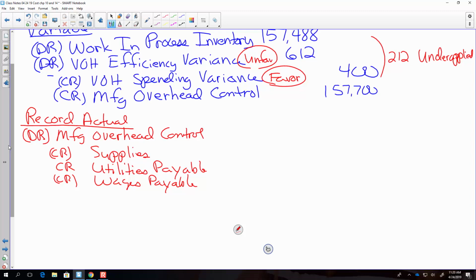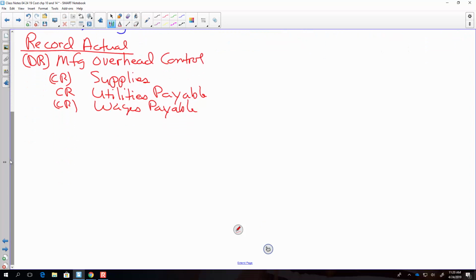Fixed overhead, pretty much the same. You see the word applied on the fixed overhead template. So I'm going to debit work in process inventory for the applied amount, 386.